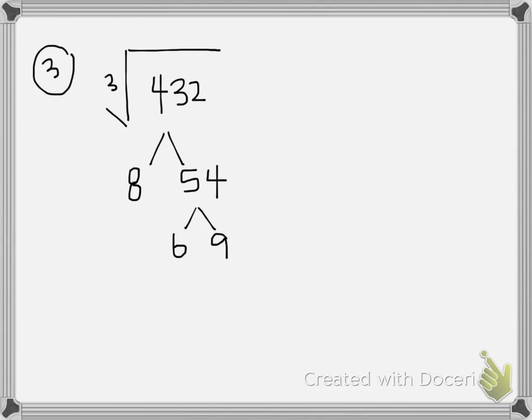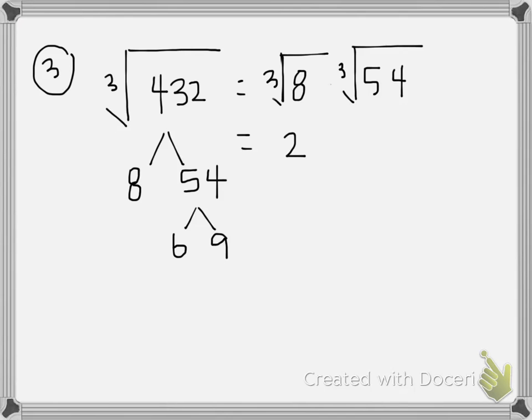So this is going to be the cube root of 8 times the cube root of 54. But can 54 break down some more? So the cube root of 8 is 2. And then we've got the cube root of 54. So I said that 54 is 6 times 9.